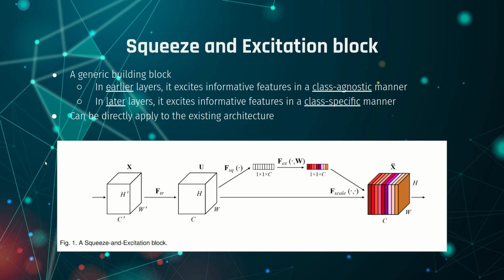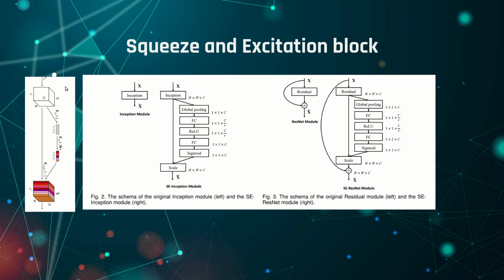So the good thing of the SE block is it can be directly applied to existing architectures. What does it mean? This is the previous diagram, I just rotated it 90 degrees, and it is plugged into the Inception network, right? What it does is squeeze, global average pooling, and then excitation, you already know, two fully connected layers.